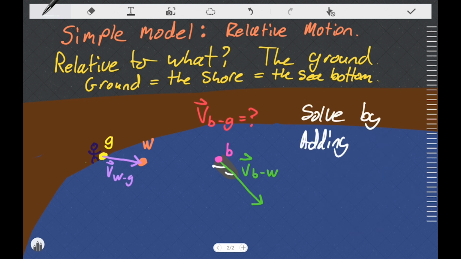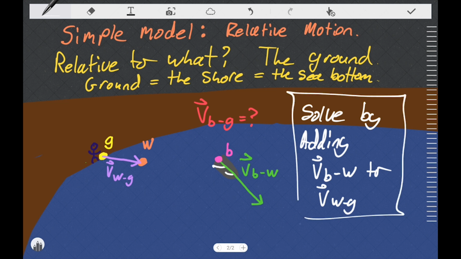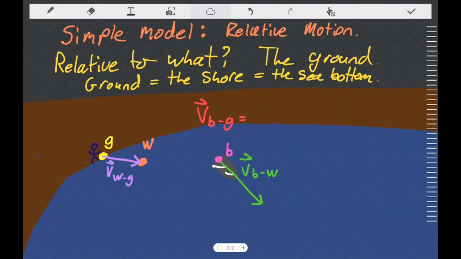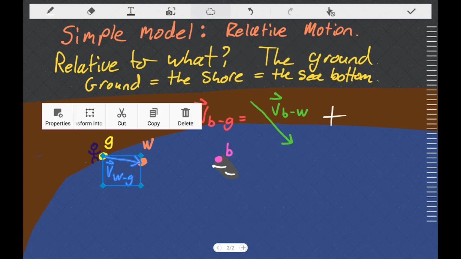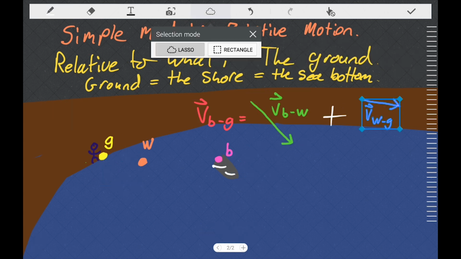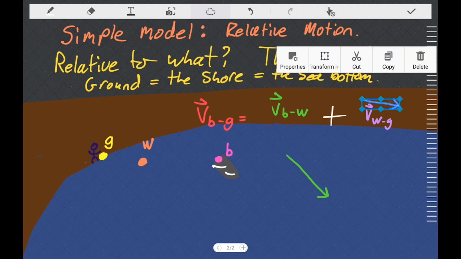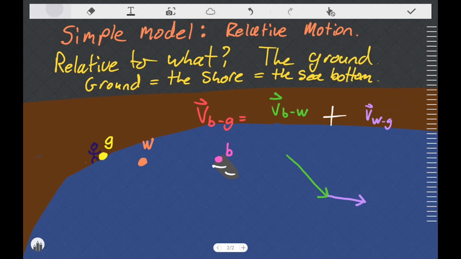We're going to find the answer to that question by adding the velocity of the boat relative to the water to the velocity of the water relative to the ground. So we're going to take VBW and add it to VWG, tip to tail, like always.